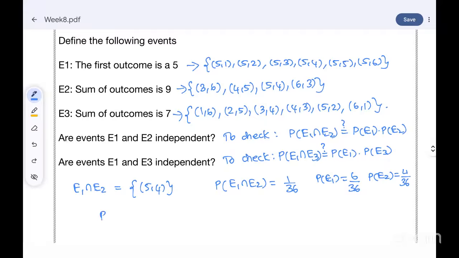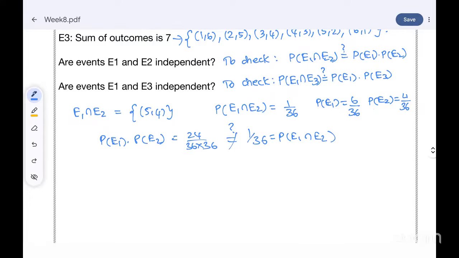So the probability of E1 into the probability of E2 is 24 by 36 into 36. Is this the same as 1 by 36? No, madam. So you can see that they are not equal. If they are not equal, then what is the answer? Dependent. E1 and E2 are dependent.